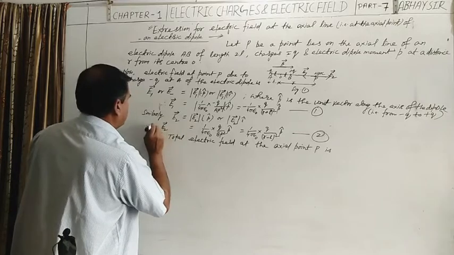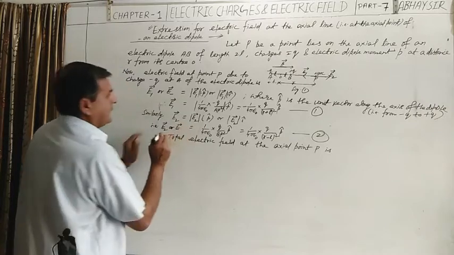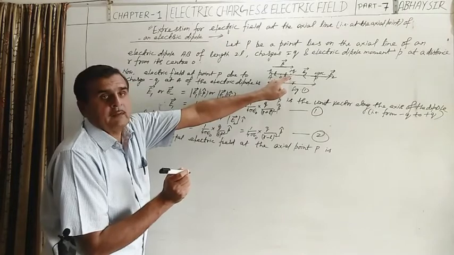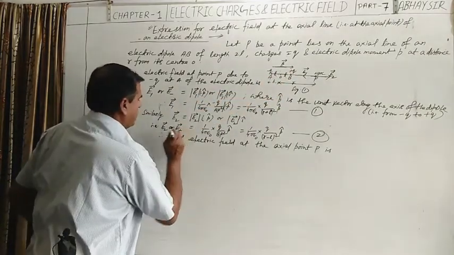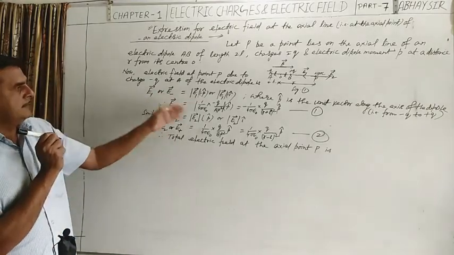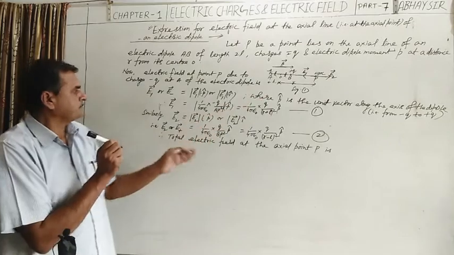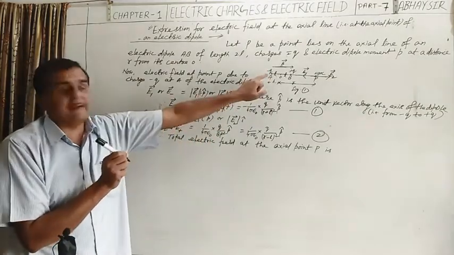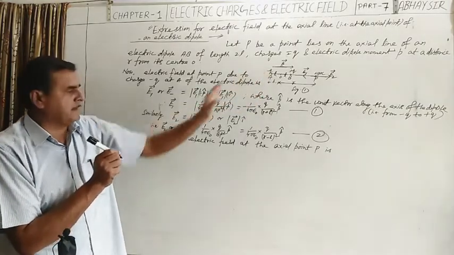In place of E2 we can write E vector plus, which stands for charge plus Q placed at point P. We can write here E plus or E minus in the first equation, due to minus Q charge, which is placed at point A of the electric dipole.